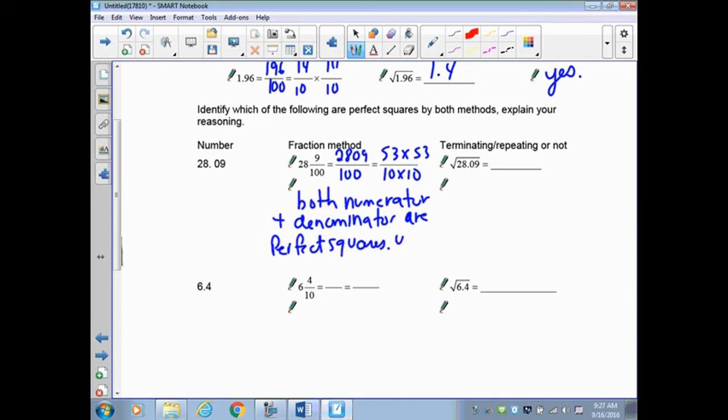So that means, yes, 28 and 9 over 100 is a perfect square. Taking the square root of this gives you 5.3. So it terminates, so it is a perfect square.